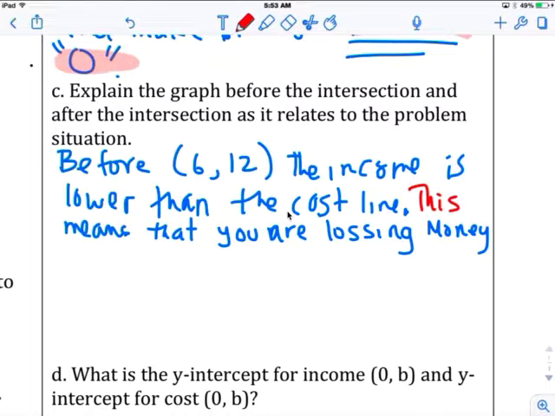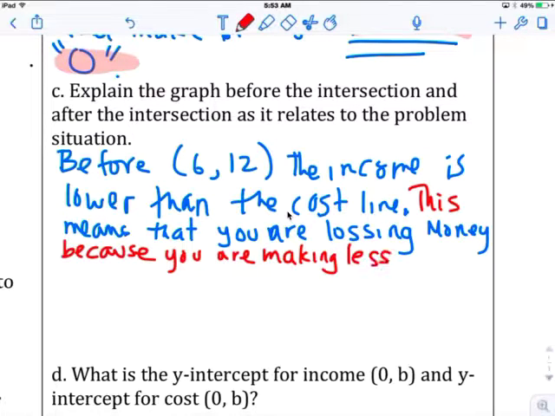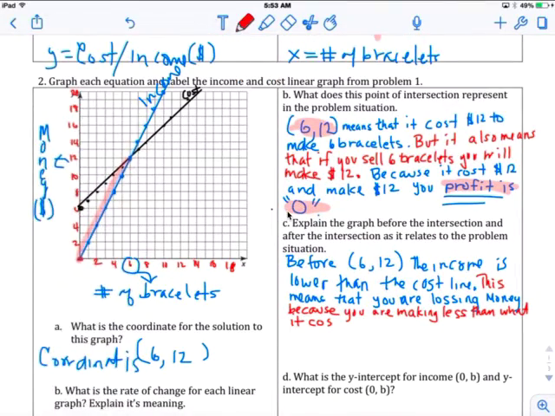This means that you are losing money because you're making less than what it cost. The cost is more. See, more is on top. Okay.